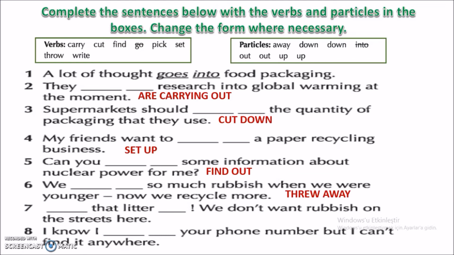And something that litter, something, again, we don't want rubbish on the streets here. So pick that litter up, okay? Pick something up. And the last one is, I know something something your phone number, but I cannot find it anywhere. So I took notes of your phone number. There must be something like this, I mean the meaning.